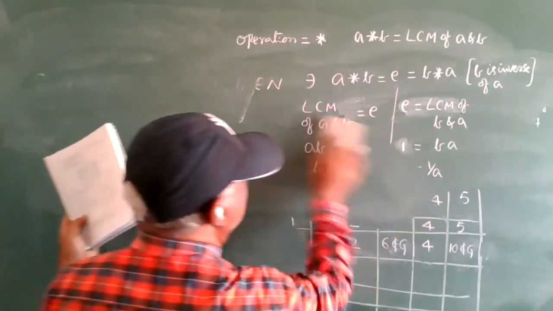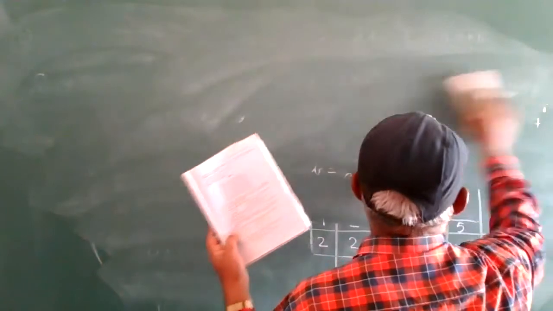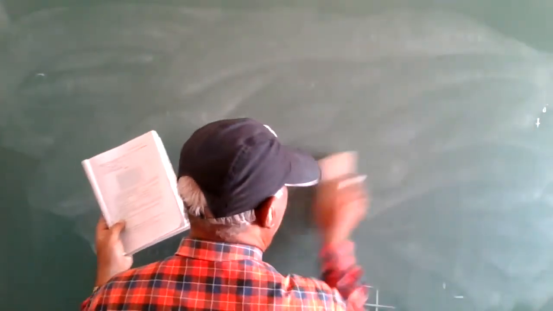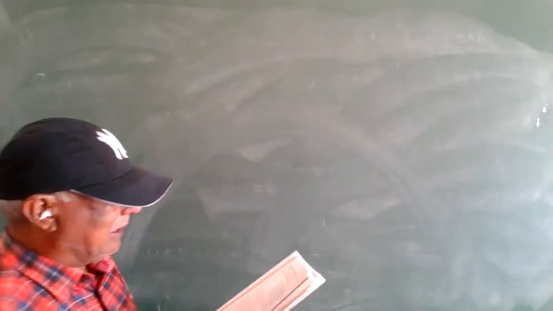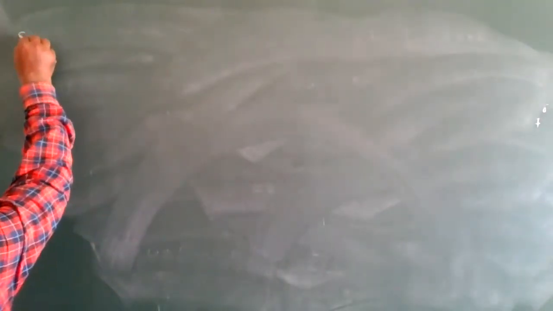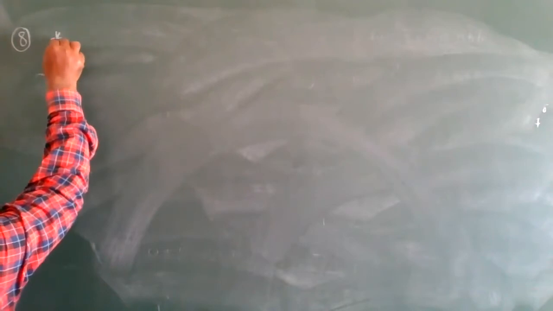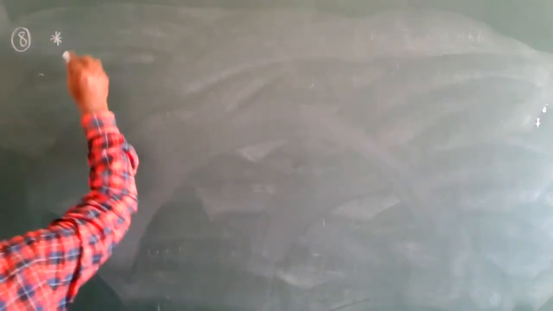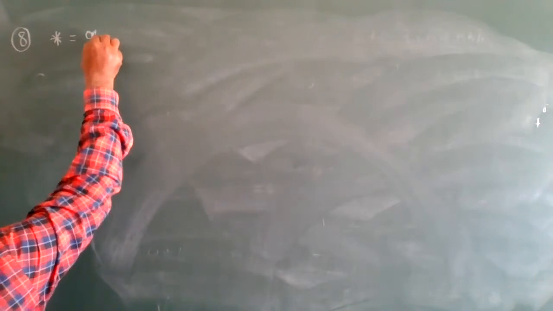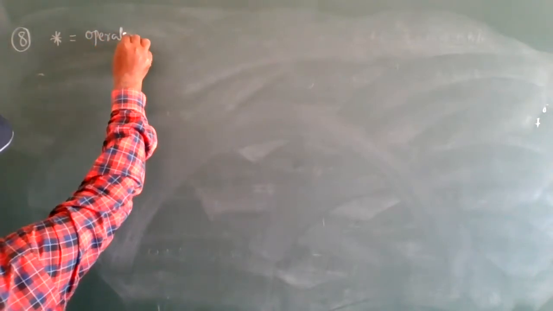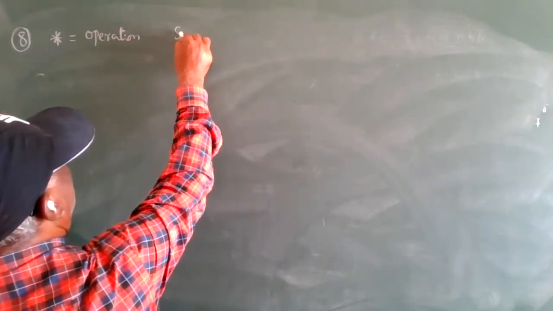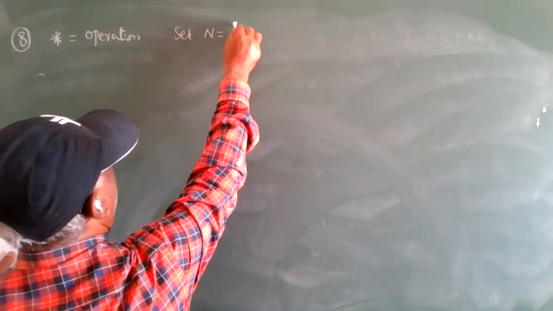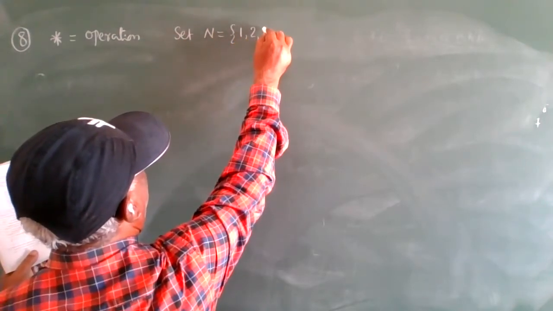Everyone see. Eighth problem, everyone observe. Star is a binary operation. Next, what is given is the set N, that is 1, 2, 3, 4 up to infinity.